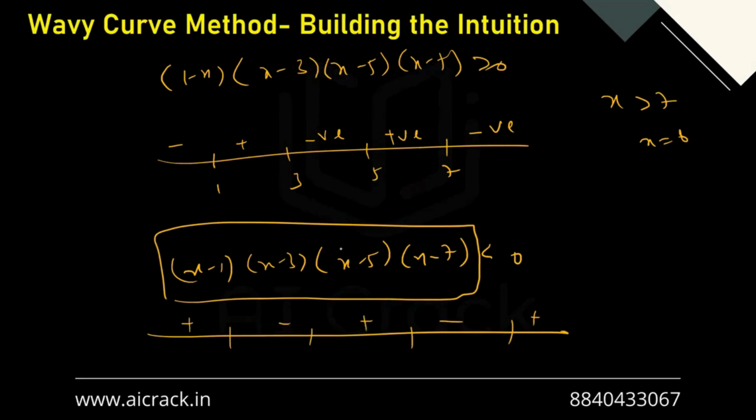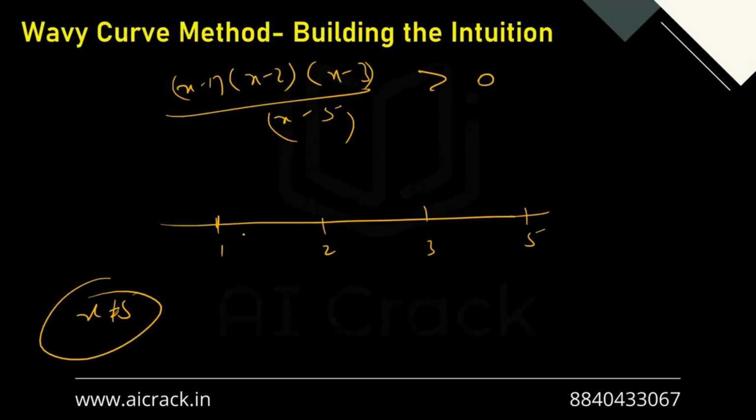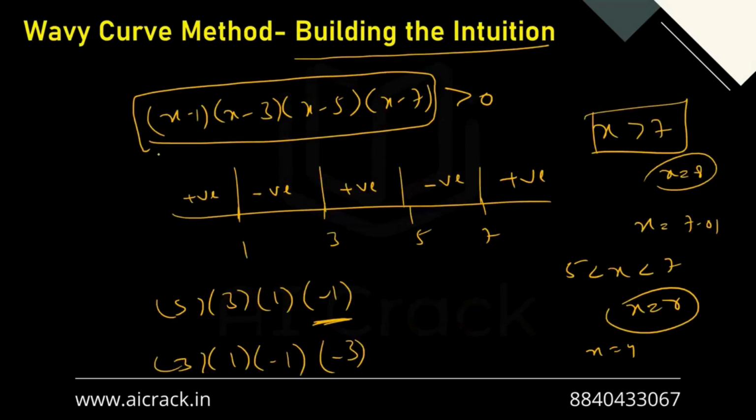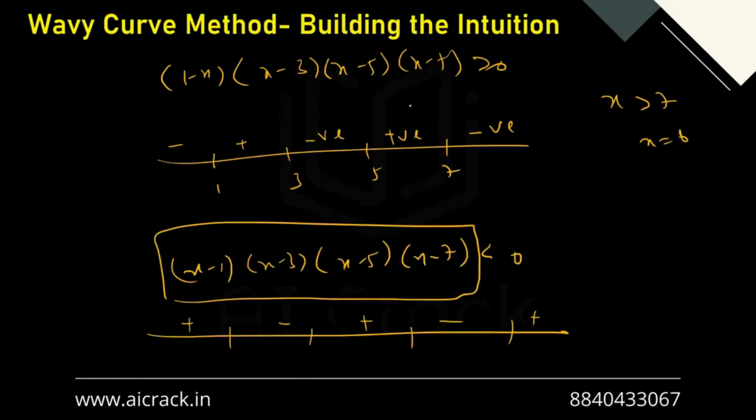Now, until now, what we have studied is that in case of a rational inequality like this one, we have to follow the same rule, plus minus plus minus plus. In case of a regular inequality, we follow the same rule, plus minus plus minus plus. And in case of a different format, we have to convert that into the standard format and again do plus minus plus minus plus.